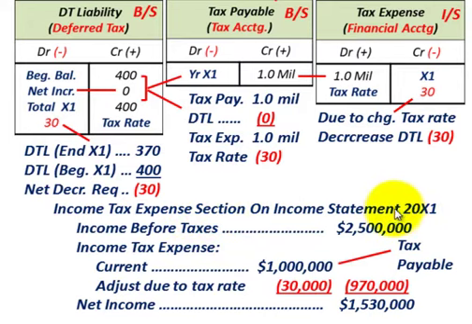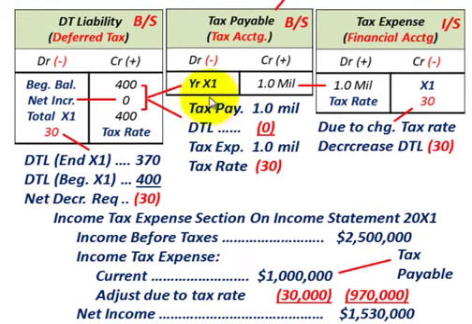Again, for year 20X1, let's just go back and look at it one more time. In this case, we had no change in our temporary difference, which didn't affect our deferred tax liability from the beginning balance to the end of year balance. There was no net increase because there was no originating difference.